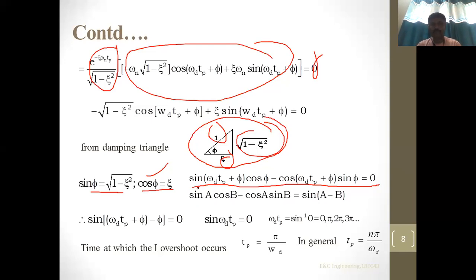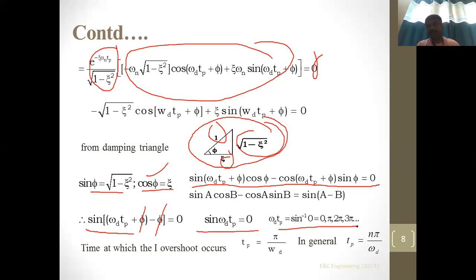After simplification, using sin A cos B minus cos A sin B, it results in the form sin of A minus B, and this takes the form as sin of omega d tp plus phi minus phi equal to 0, where I may cancel these two terms, that is sin of omega d tp equal to 0, or omega d tp is equal to sin inverse 0.